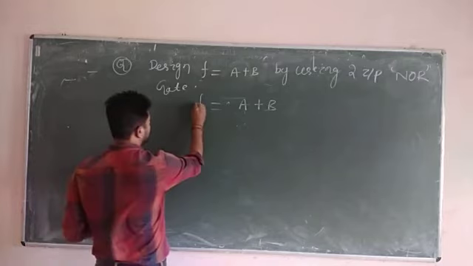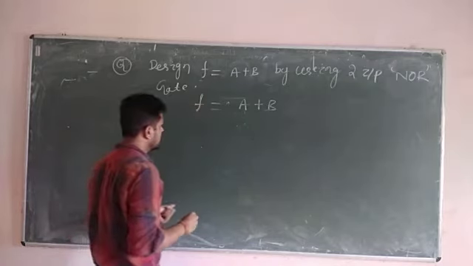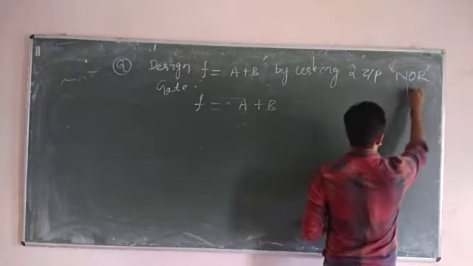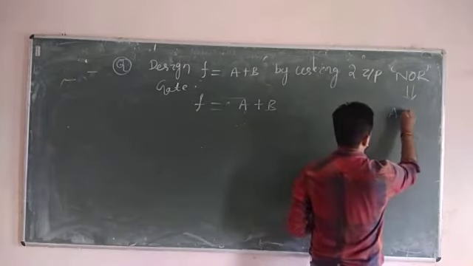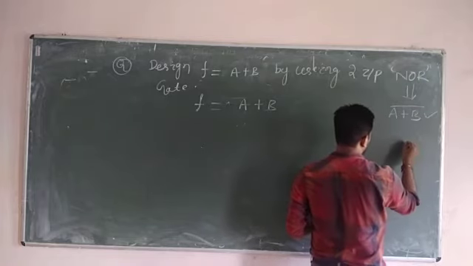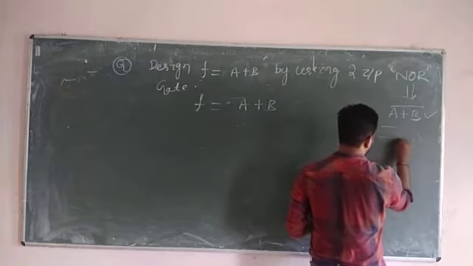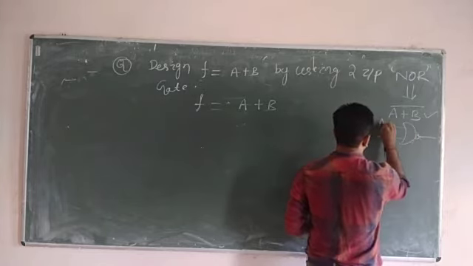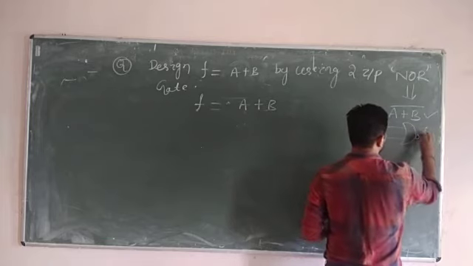So how to design this by using NOR gate? You all know the expression for this NOR gate is a or b whole bar. This is the expression for your NOR gate, and this is the symbol for your NOR gate.